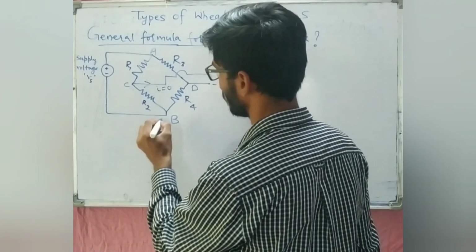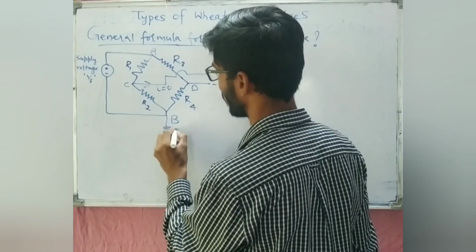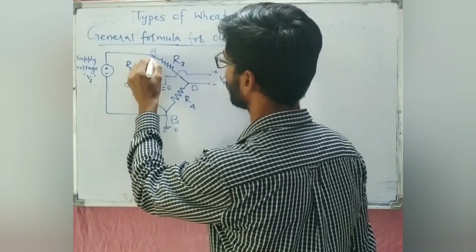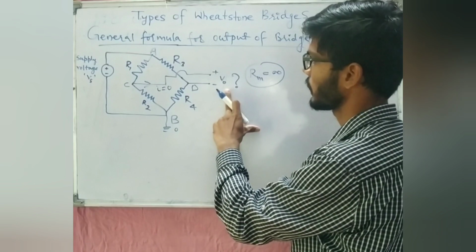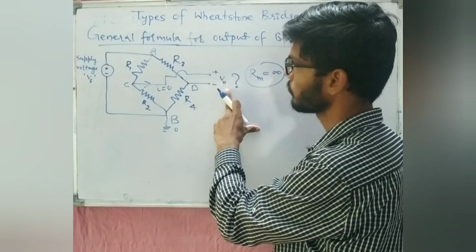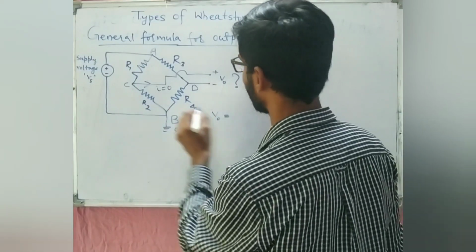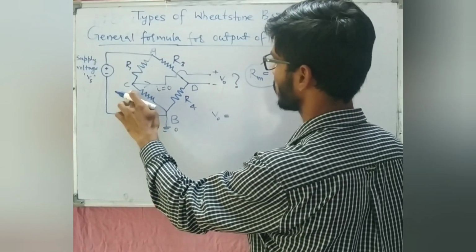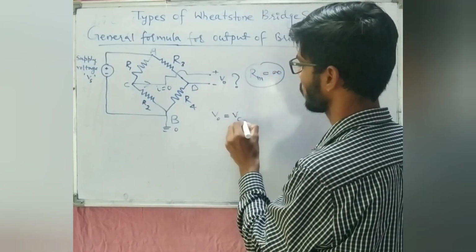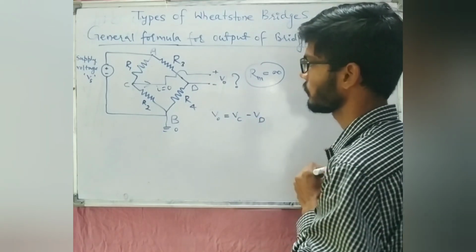Let's assume this point B as ground, and we wish to derive the expression for output voltage. So V0 is equal to the voltage difference between points C and D, Vc minus Vd.